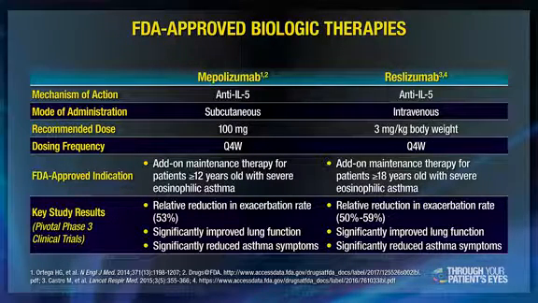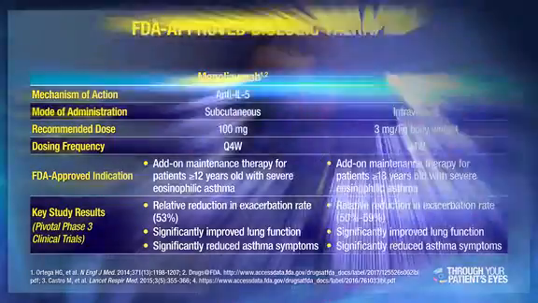Both of these therapies over the last several years have been shown to reduce exacerbations by about 50% and also to improve lung function and improve symptoms. So there have been several studies that have been published that have demonstrated that by blocking IL-5, we can have a significant impact on eosinophilic mediated inflammation and have a significant impact on the management of our patients.